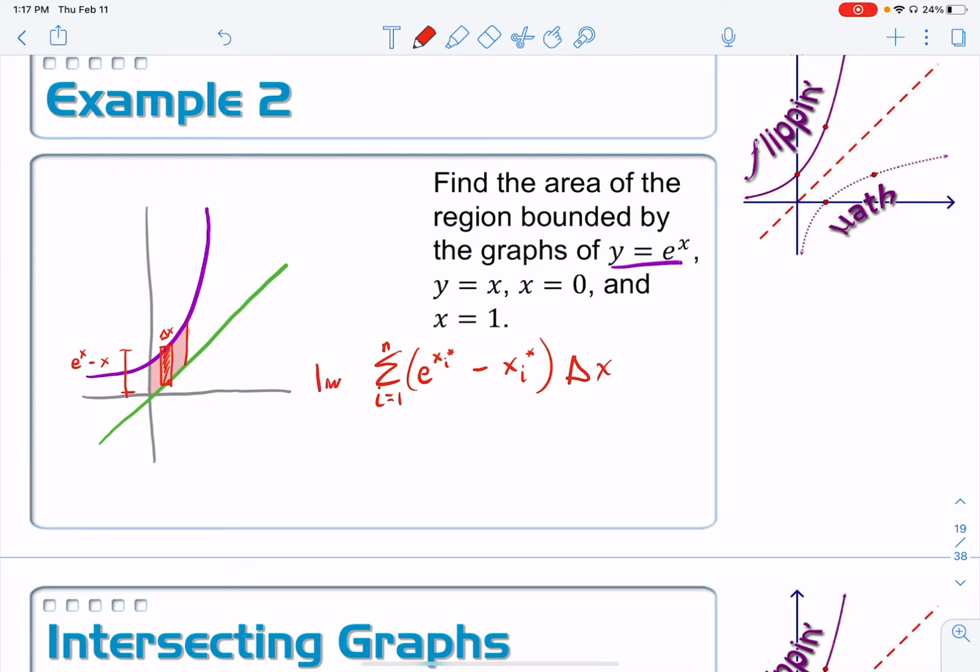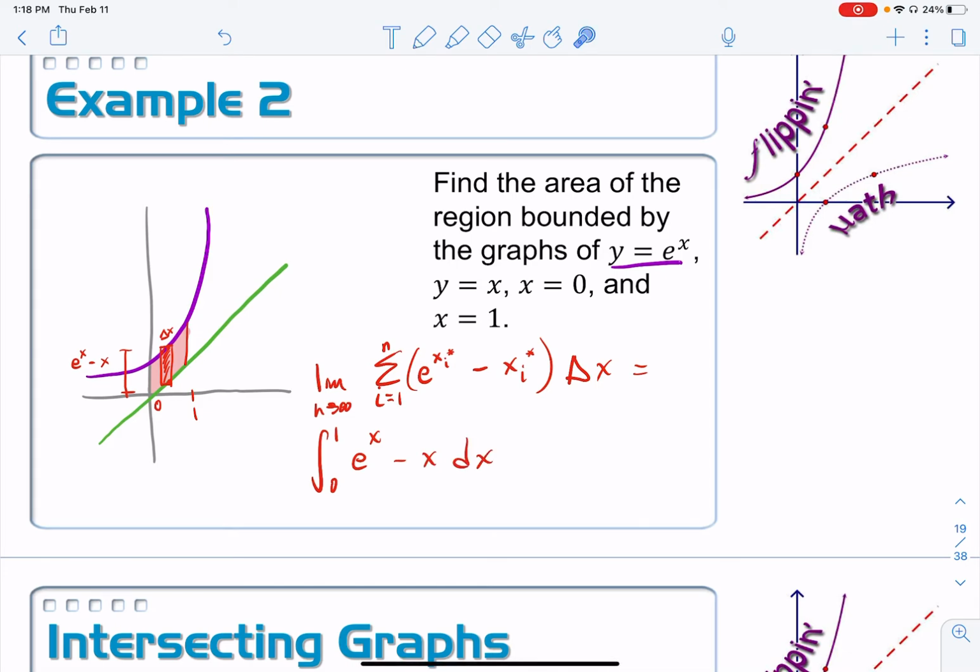Take the limit as n approaches infinity. When we do, that turns this thing into a definite integral from 0 to 1, because that's where we're going. And then this will be e to the x minus x dx.